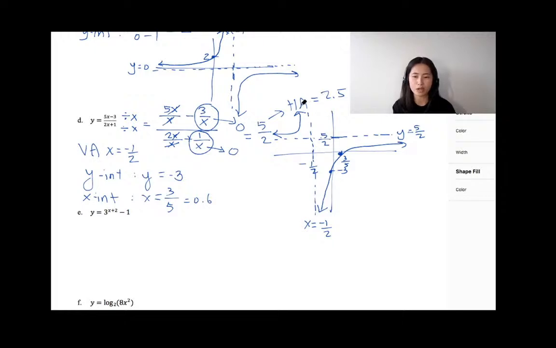But how do you know that you're graphing this part of your function over here as opposed to over here? So if you have, let's say, -3, pick any number that is before -1/2, and you plug in -3 in your function y is equal to (5x minus 3) over (2x plus 1), maybe we can do that.